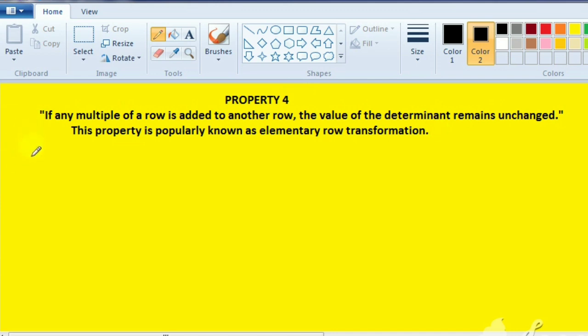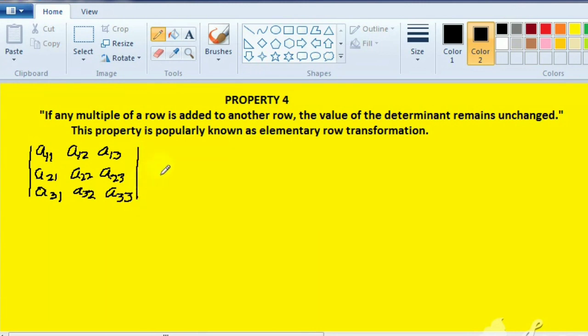So we have a determinant whose first row is A11, A12, A13, and the second row is A21, A22, A23, and the third row is A31, A32, and A33.